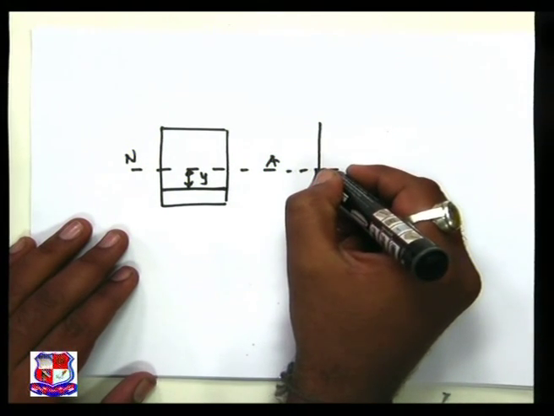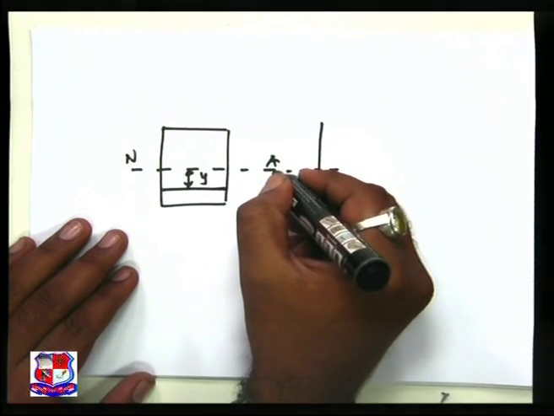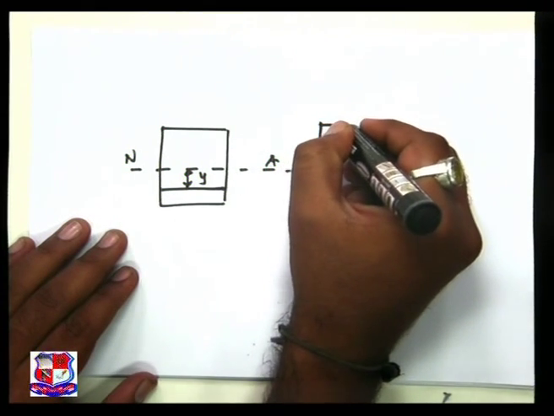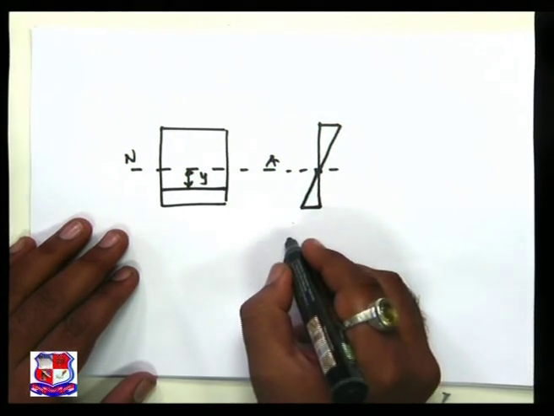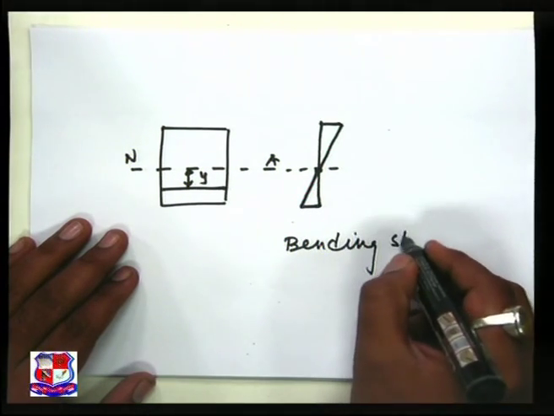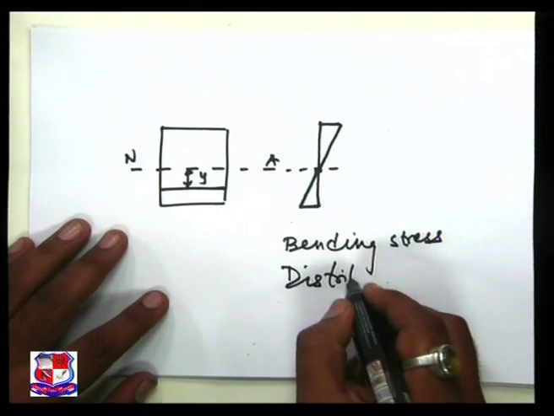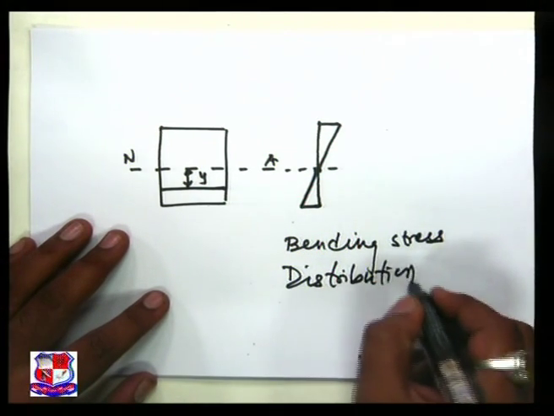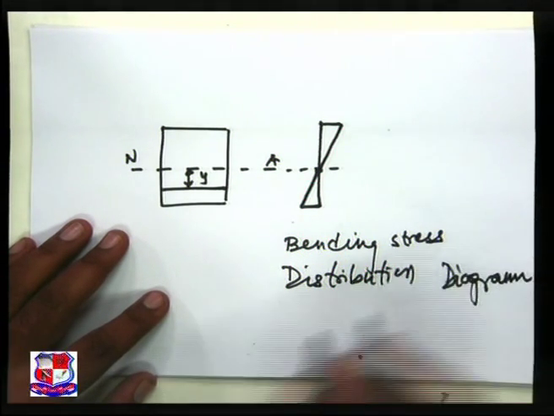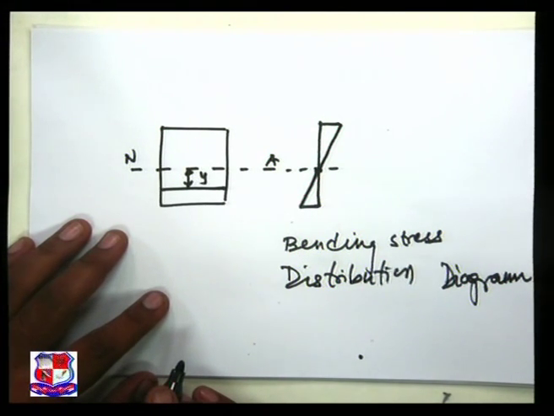As y becomes 0, the bending stress becomes 0, and that is at the neutral axis. Then once again as y increases, my value of stress goes on increasing. So this is known as the bending stress distribution diagram.